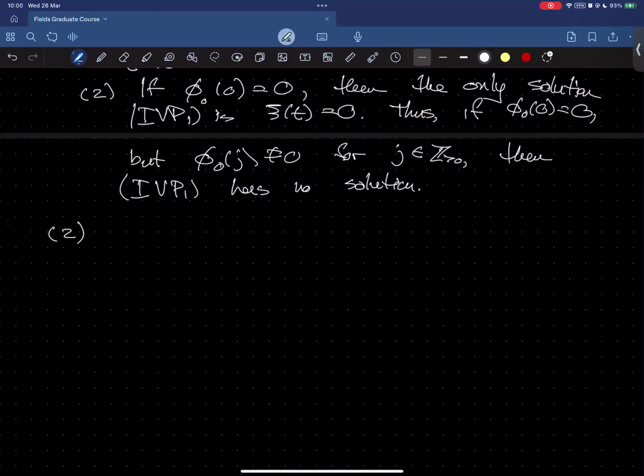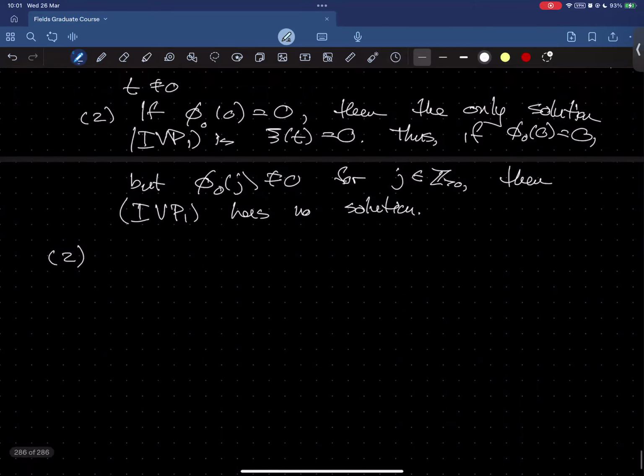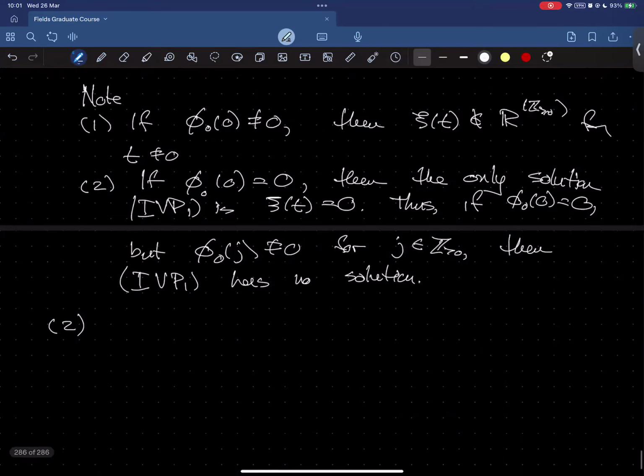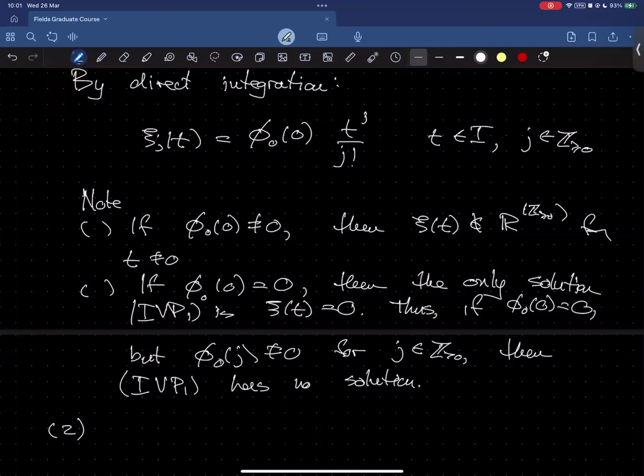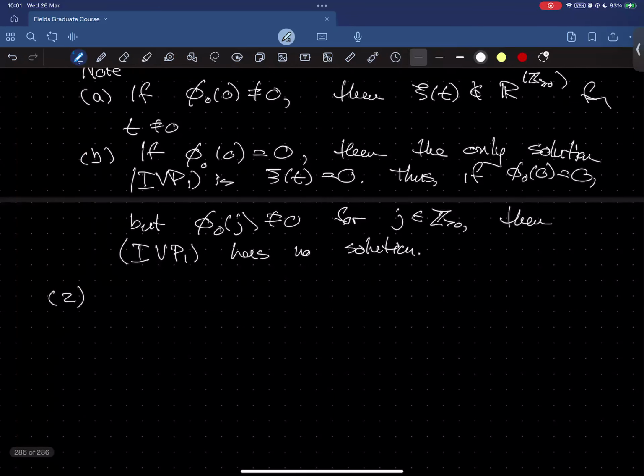So the other example is similar. Oh, sorry. Let me maybe do this. Okay. So here I'm going to take not the direct sum of countably many copies of R, but the direct product.